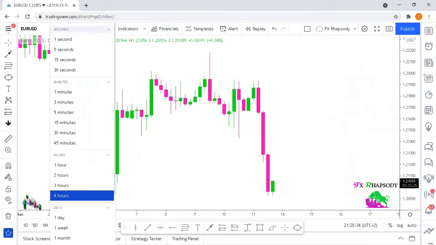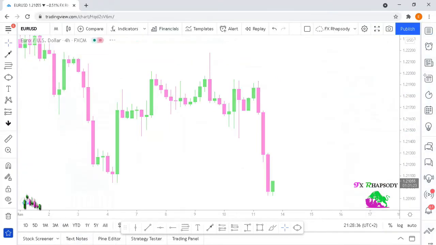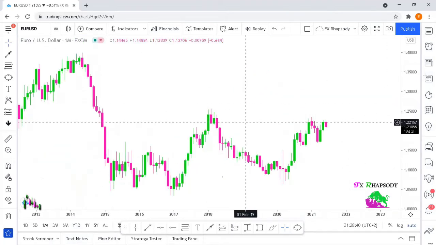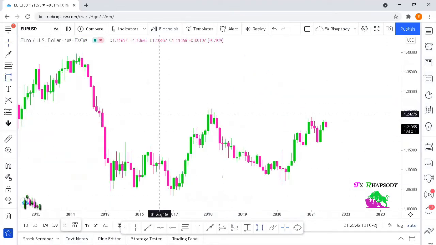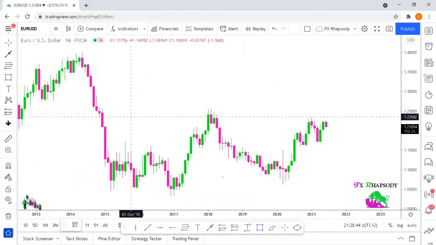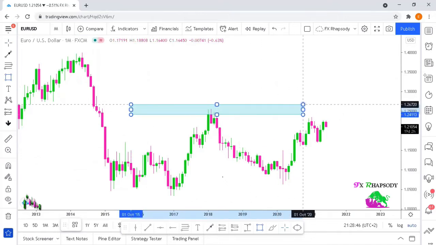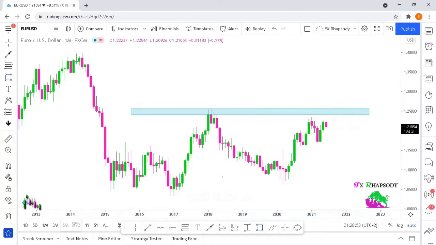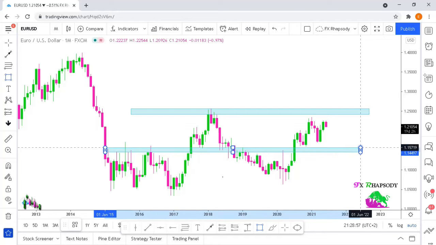Let us just go down to the monthly time frame. Now, on the monthly time frame, we can see that there's obviously this big area of supply on the top, and we have this area over here. We can see that this is also a nice key area.